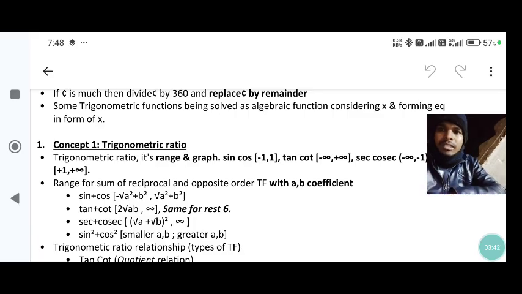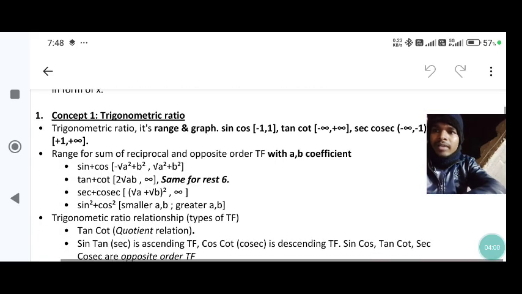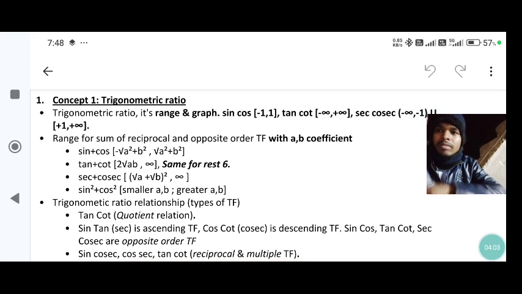Some trigonometric functions can be solved as algebraic functions. If you are considering sin theta as x, then cosec theta will be 1 by x, and similarly it can be solved as an algebraic equation in x.